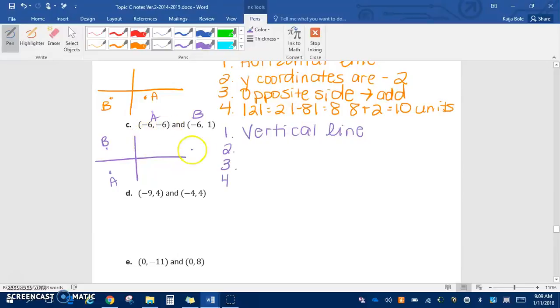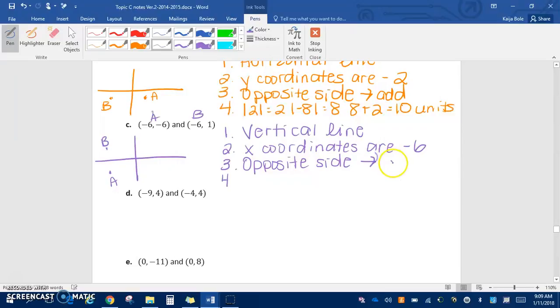Then we're looking to see what they have in common. And here, their x-coordinates are -6. And now we're looking opposite side or same side. And we're looking here, they are on the opposite side. So that means we add.